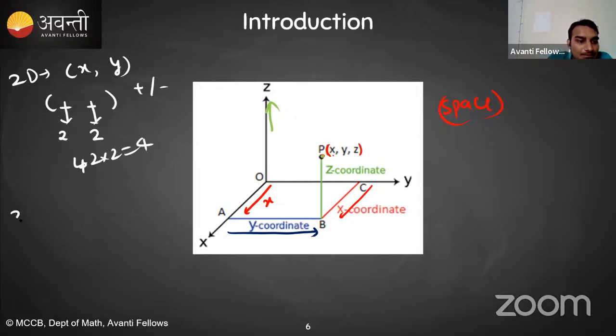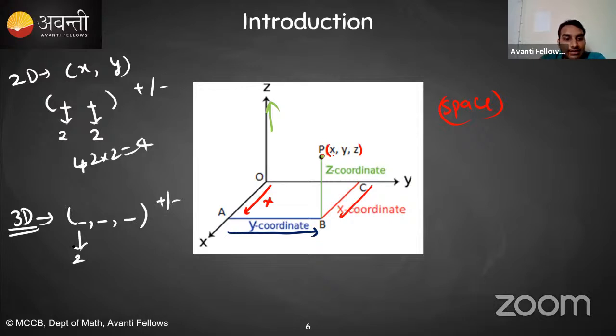Similarly, in 3D, tell me, students, in how many parts will it divide my space? In 3D, we have 3 coordinates: x, y, and z. The first place can be filled in 2 ways, either positive or negative.